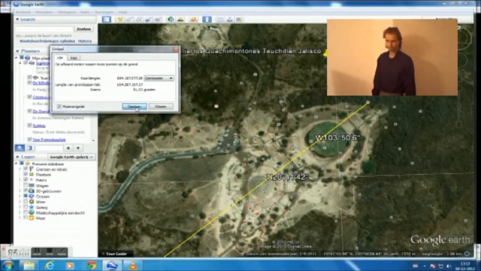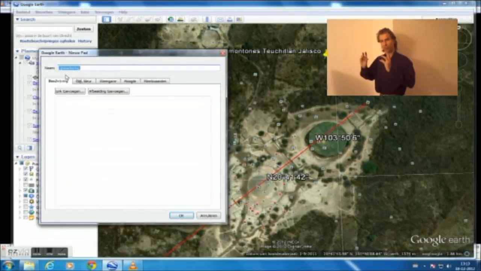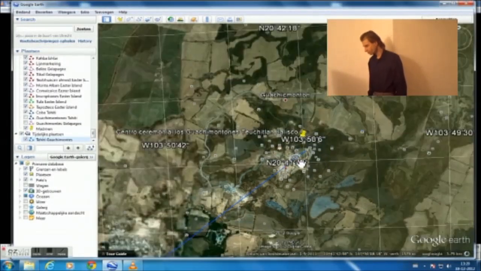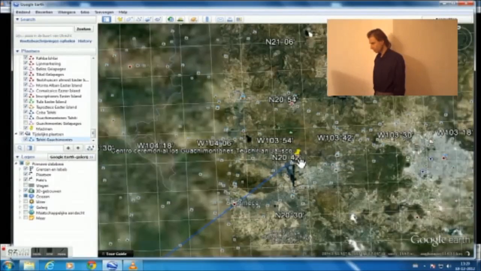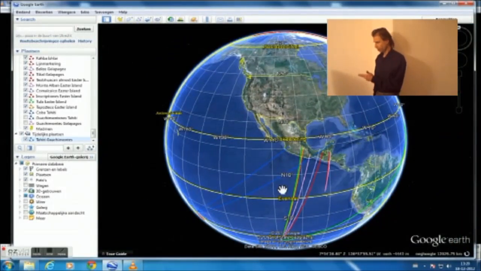Ladies and gentlemen, now in the same theory, now that you've seen part 2 and part 3, I'm going to show you something spectacular. Here we have all the lines to Easter Island and Galapagos.